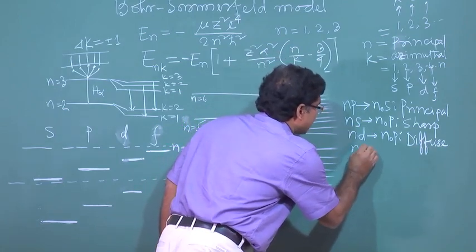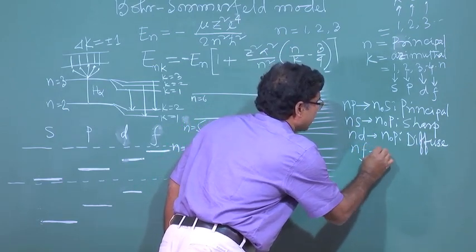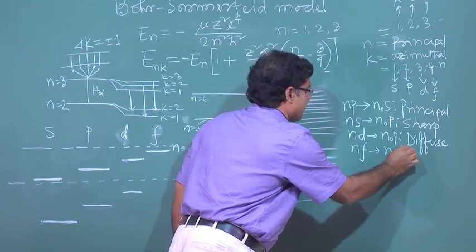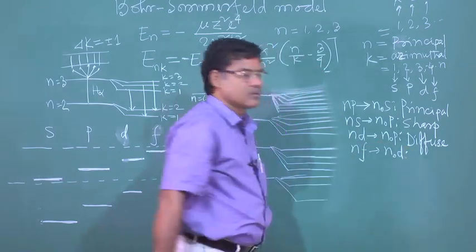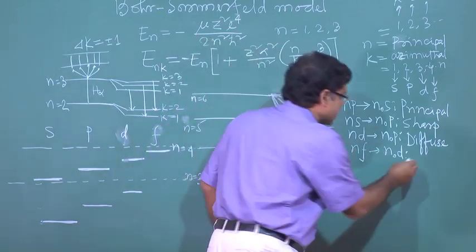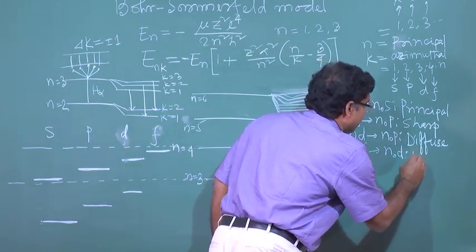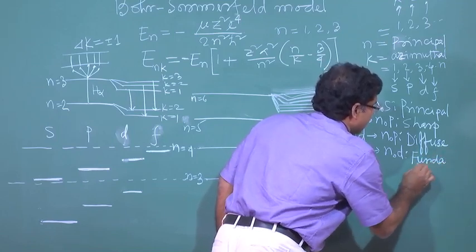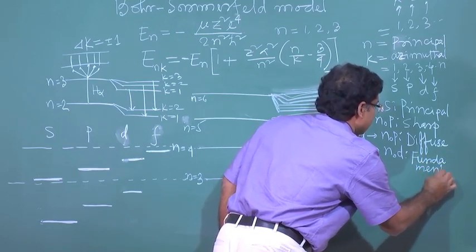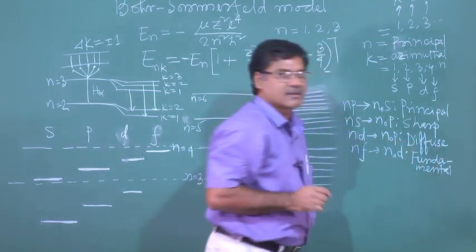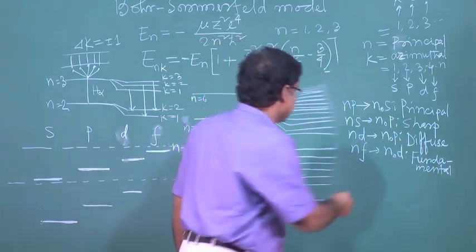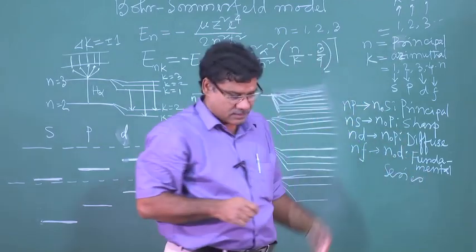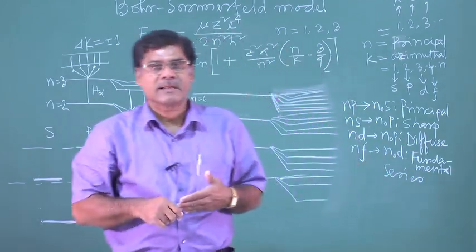And another one, Nf to N0d, the transition between these two gives another series called the fundamental series. Okay. So, these are the 4 series observed in alkali atoms.